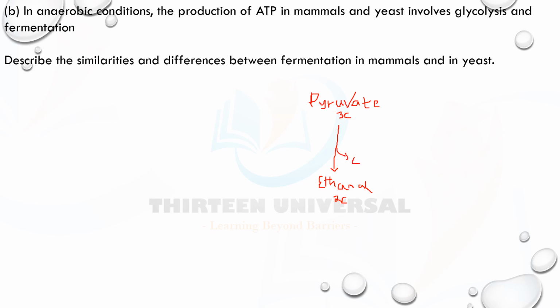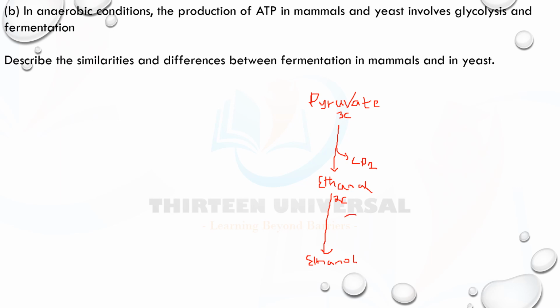CO2 is formed here. That's decarboxylation, removal of the carboxyl group in the form of CO2. Ethanal is then further reduced to ethanol. So this is oxidation and reduction. Ethanal is reduced to form ethanol, the same 2 carbons.